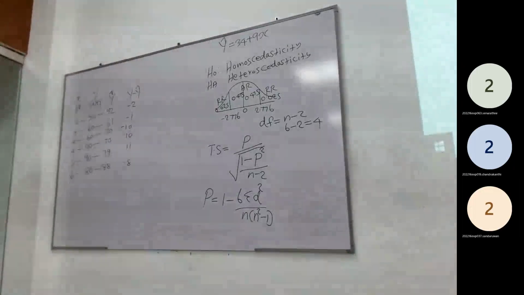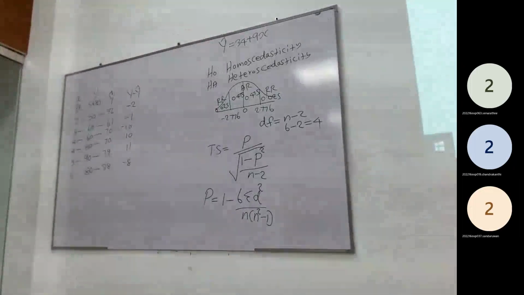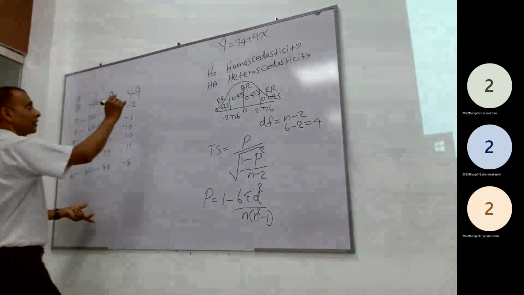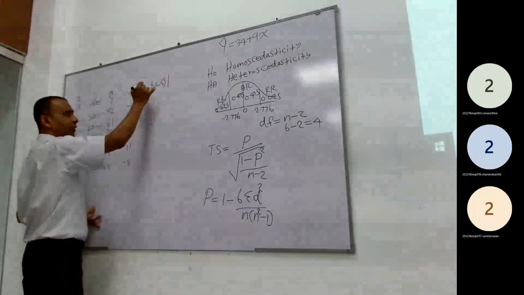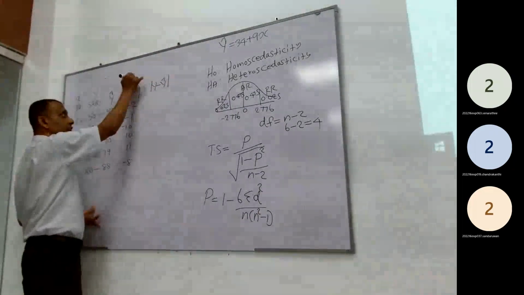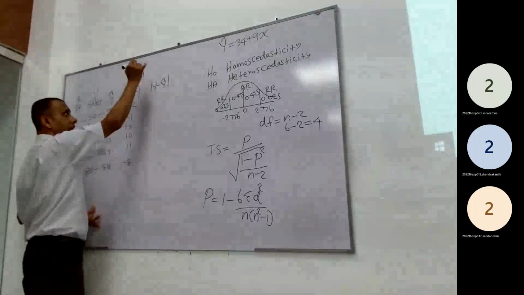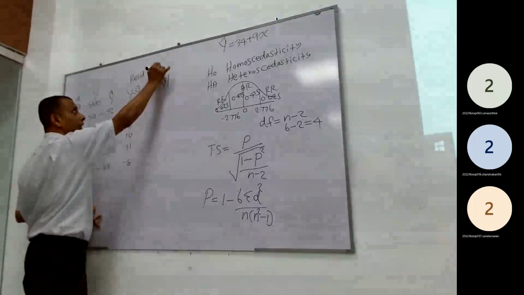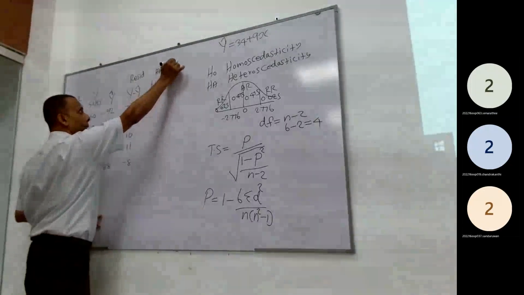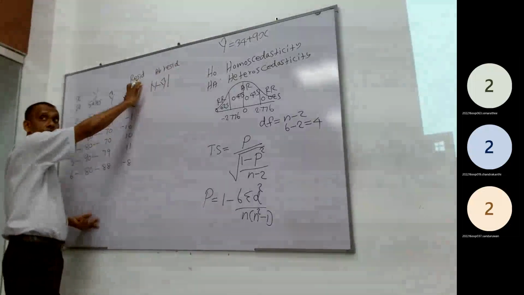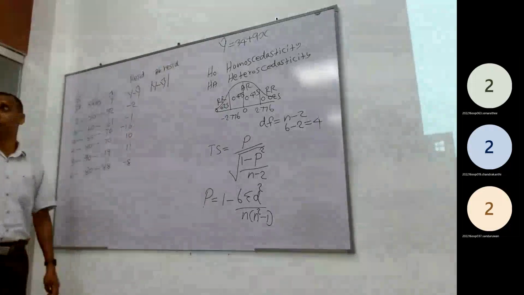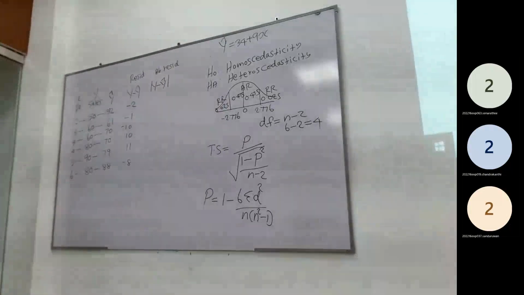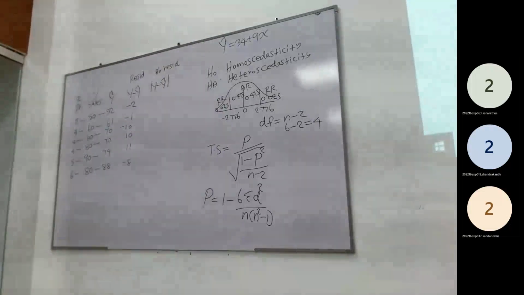Then you want the absolute value. Absolute value of y minus y hat. This is the residual. This is the absolute value of the residual. Absolute value of residuals. Do you really understand?